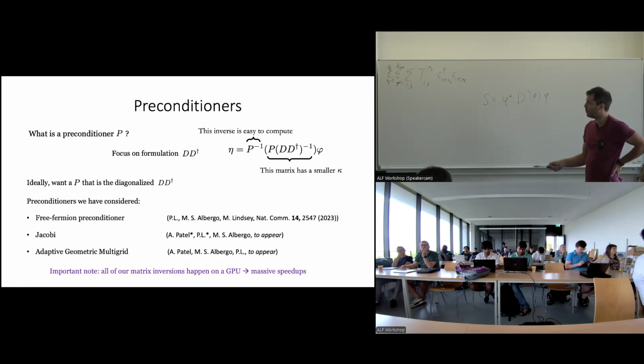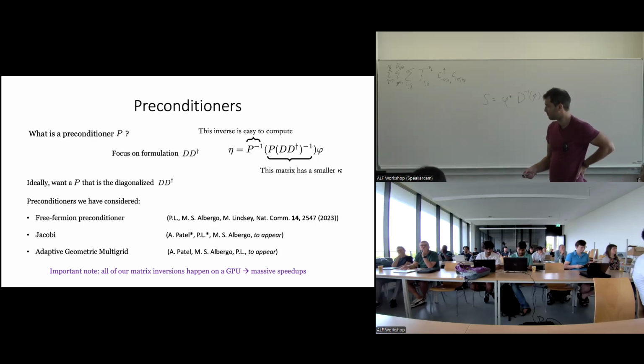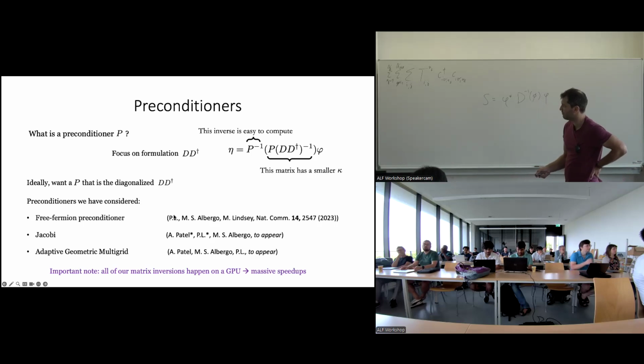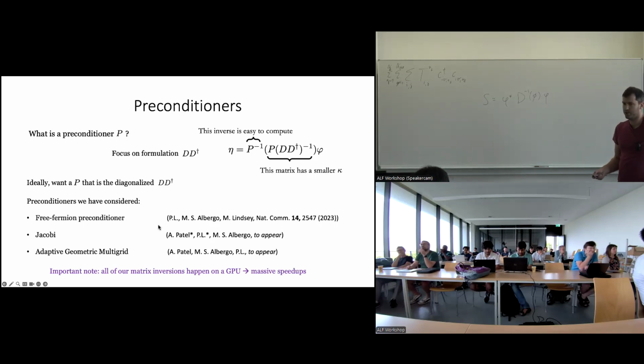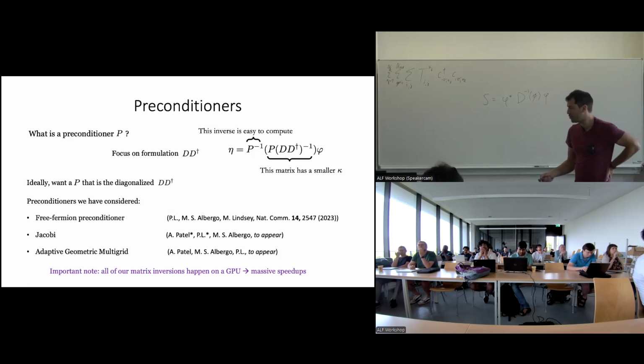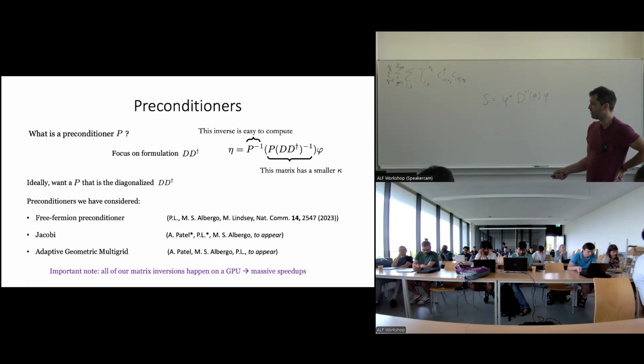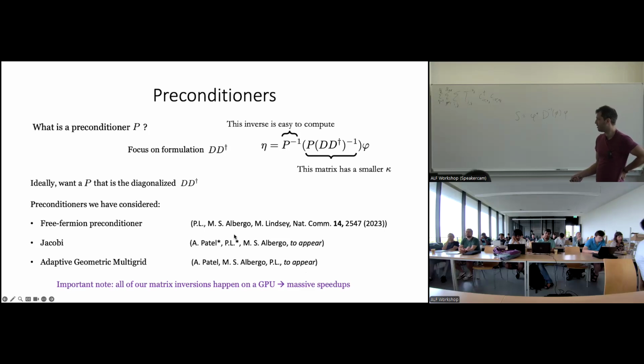An important note is that all of our matrix inversions are done on GPUs, which is, from a technical perspective, a huge advantage. Because there are basically a bunch of matrix vector multiplications, called matvecs, that need to be done. That's the core mathematical procedure. And on a GPU, these can be massively accelerated using certain tricks.